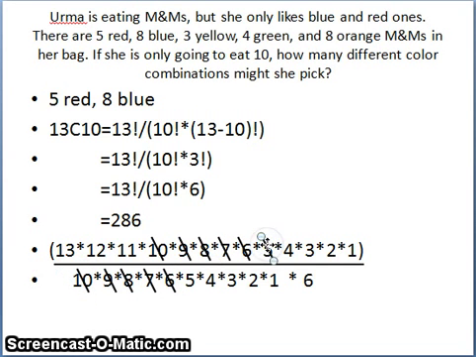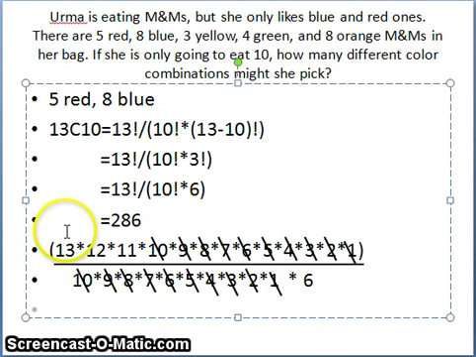I have a 5 on top, 5 on the bottom, 4 on top, 4 on the bottom, 3 on top, 3 on the bottom. You bored yet? It gets long, right? But I want you guys to see that you can do some of these without a calculator by crossing out a whole bunch.